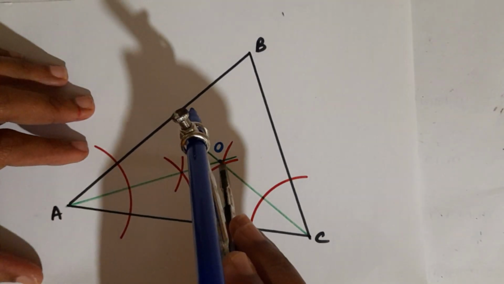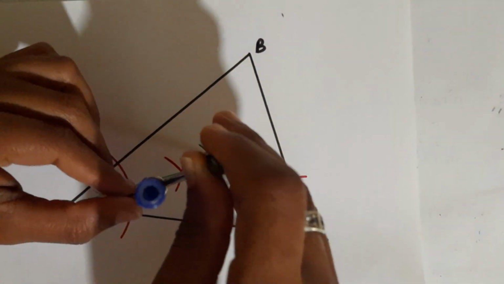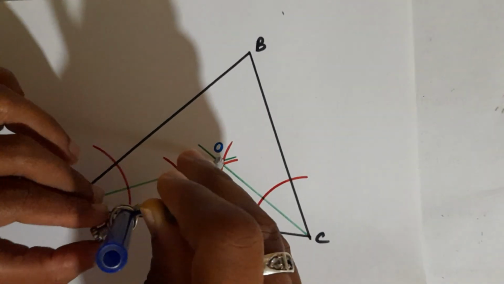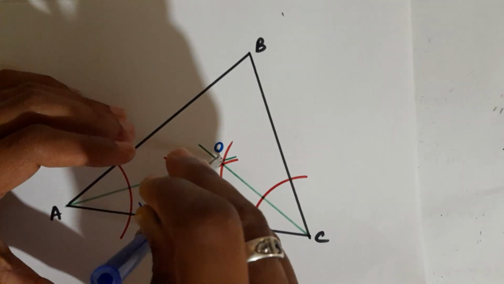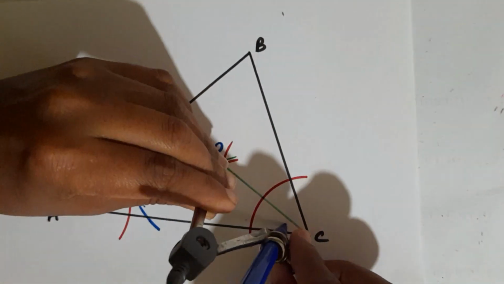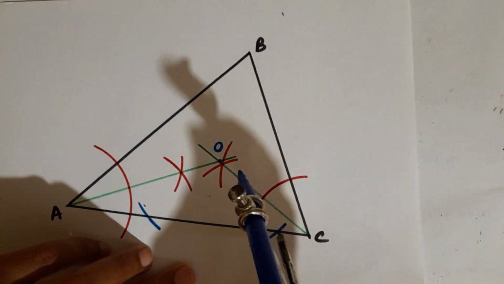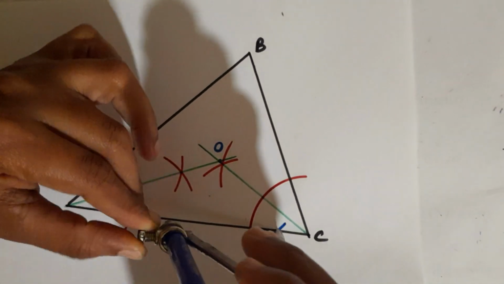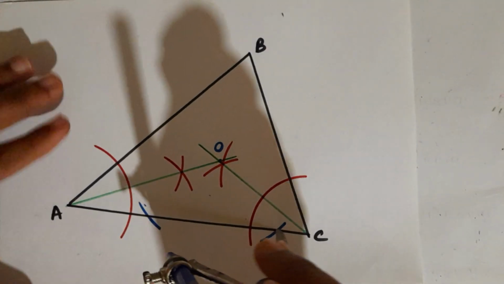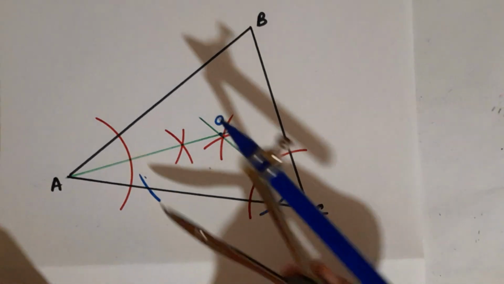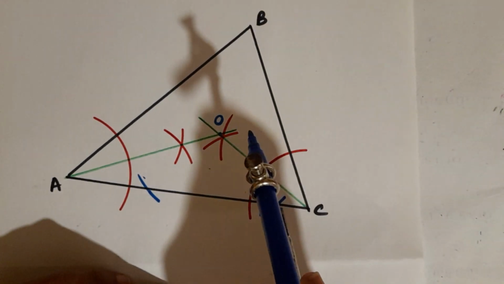By taking some distance on the pair of compasses, we have to draw two arcs on the AC line segment like this. Then keeping the point of the pair of compasses on these intersecting points, we have to draw another two arcs on the other side of the straight line segment AC.